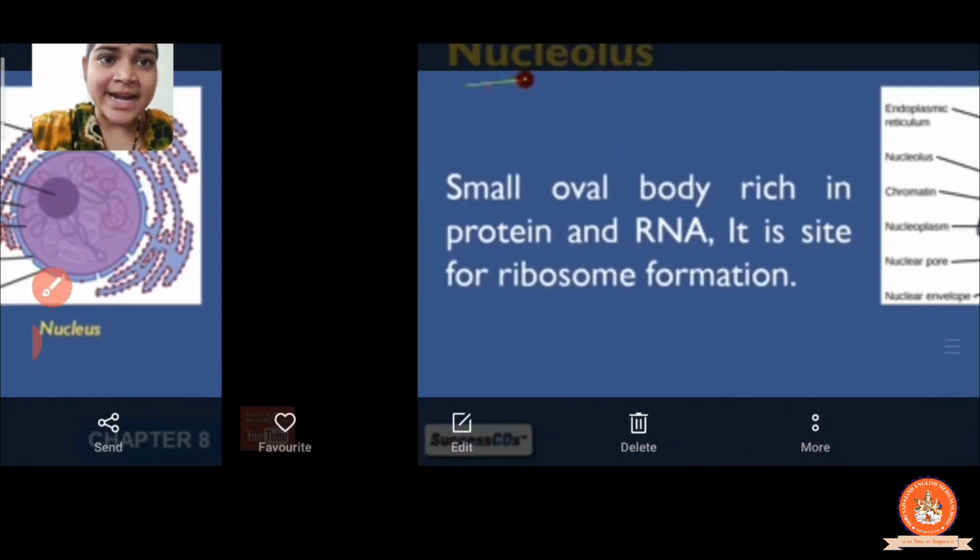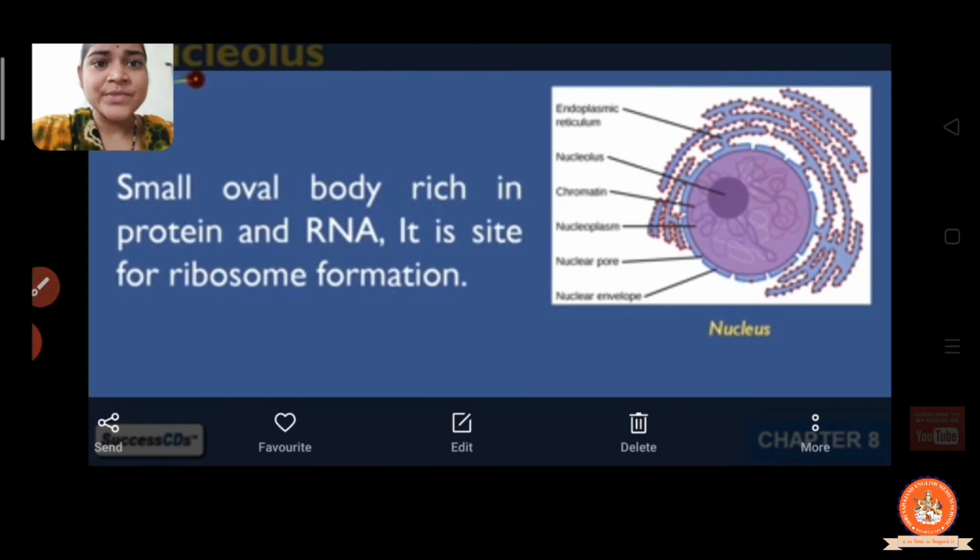After that, the nucleolus. The nucleolus is a small oval body rich in protein and RNA. It is a site for ribosome formation. Got it?